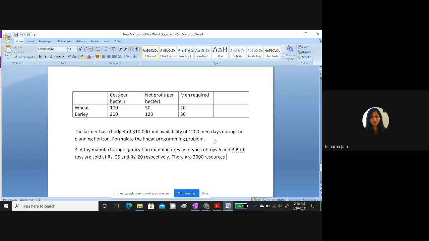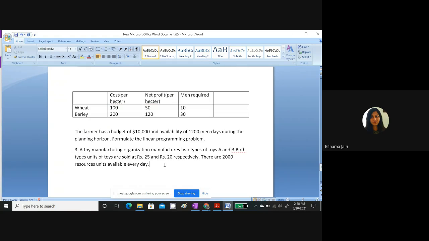Suppose there is some mistake in typing, so you know the spellings, right? Both types of units. Actually, we should write both types of units of toys, because we are selling one unit, not whole toys.